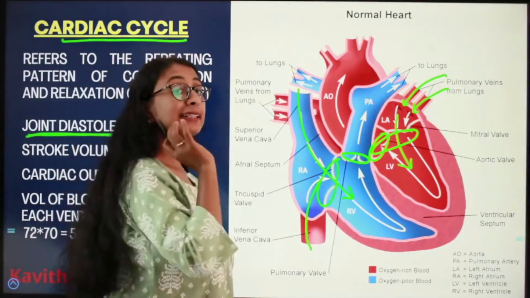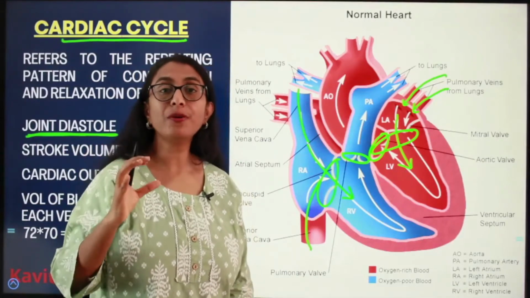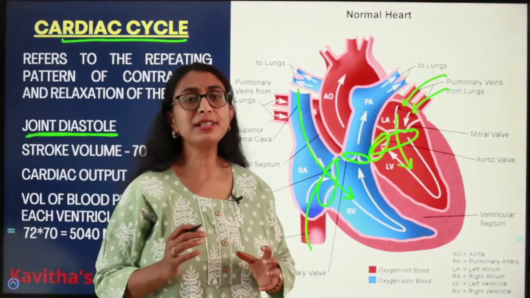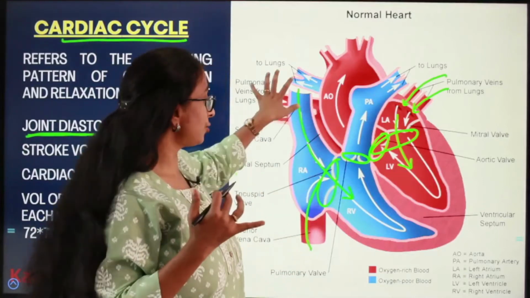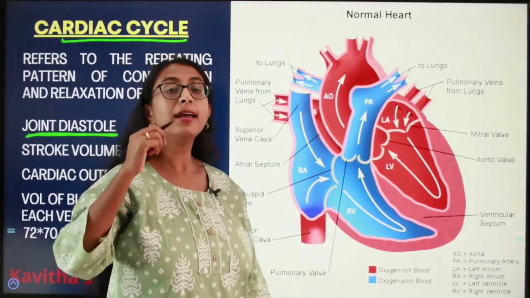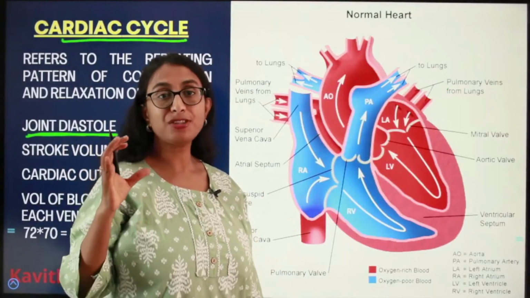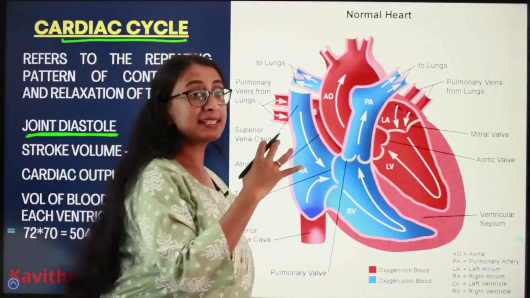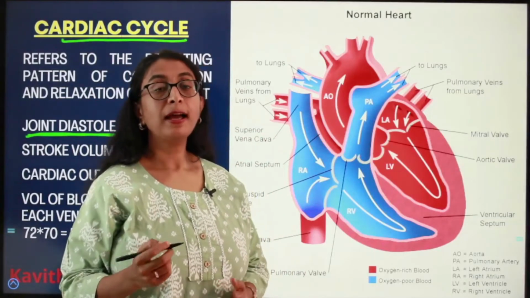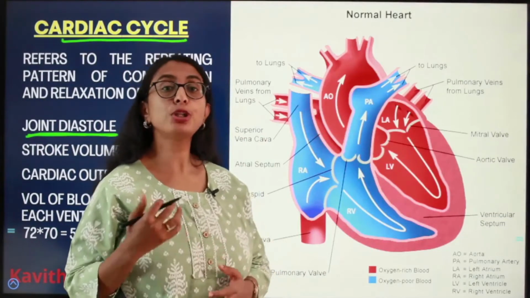Now, the sinoatrial node, which is called the pacemaker, generates an electric impulse which brings about simultaneous contraction of both atria. The sinoatrial node, which is located in the top right corner of the atrium, generates an electric impulse which creates the simultaneous contraction of both atria, resulting in increased blood flow to the ventricles.